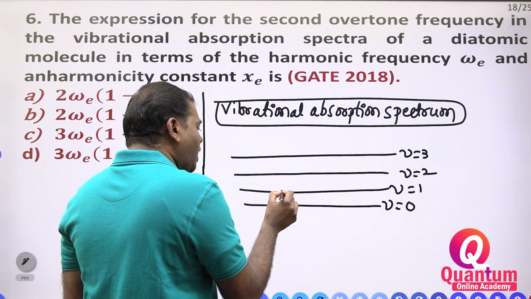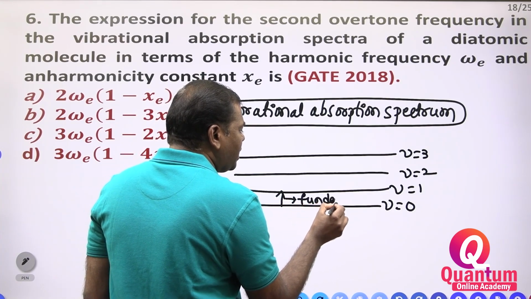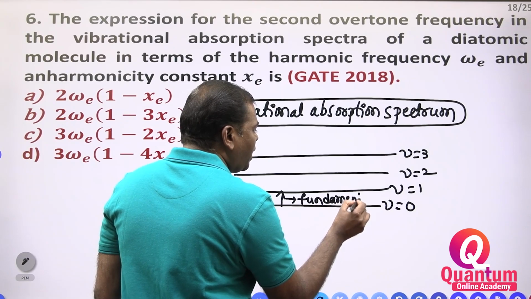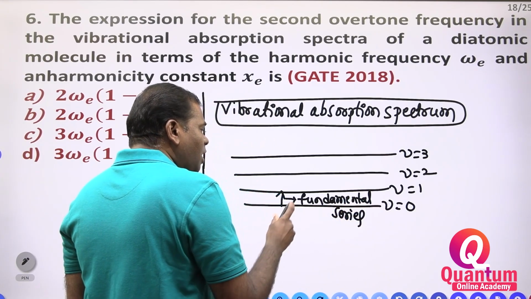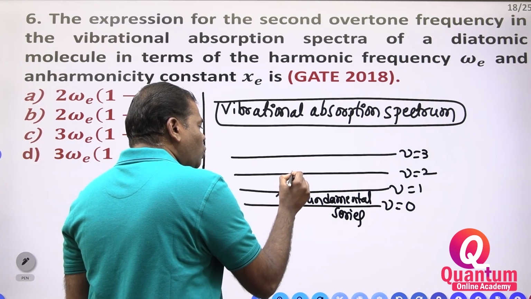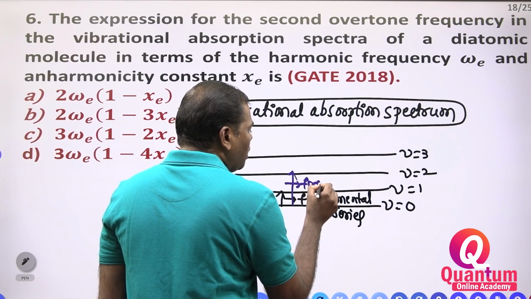From 0 to 1 transition, we call it the fundamental series. From 0 to 2 transition, we call it the first overtone.